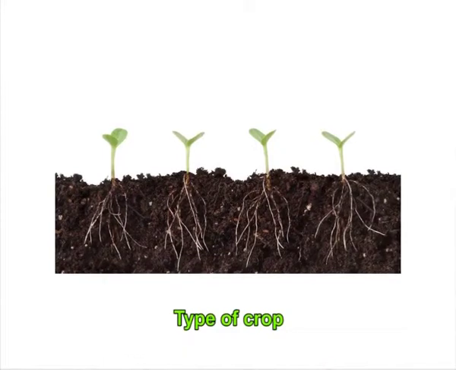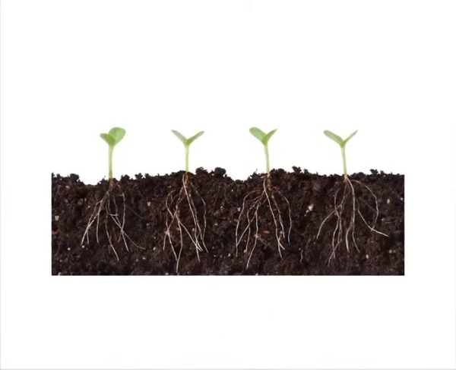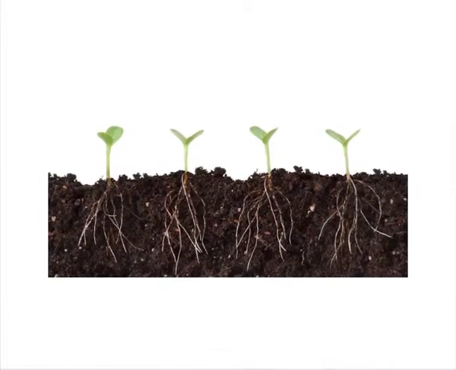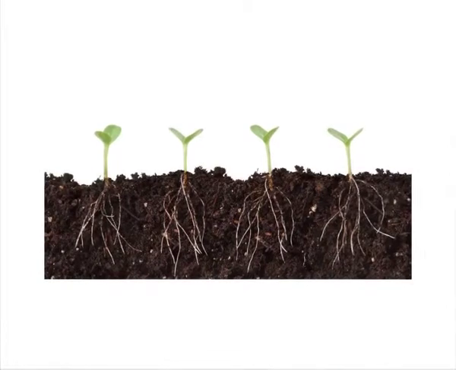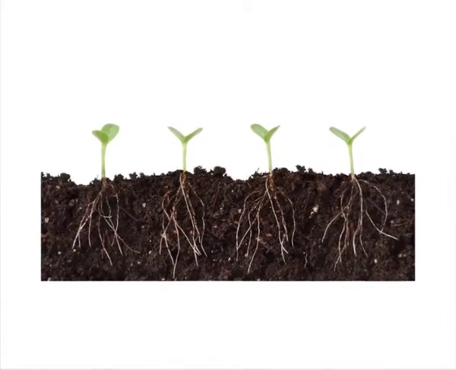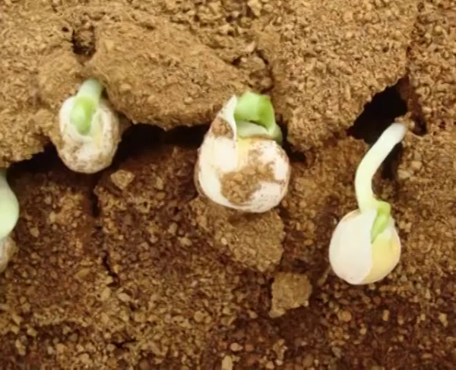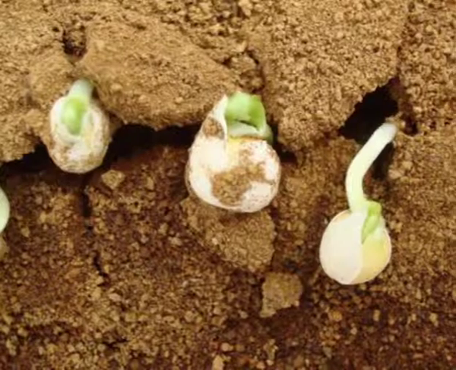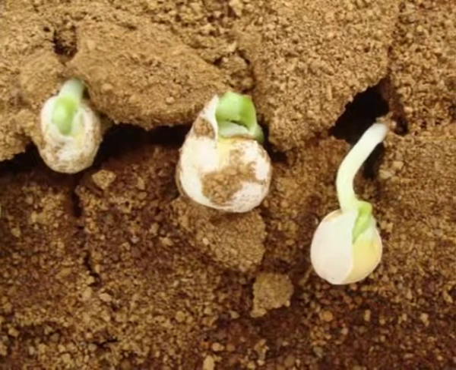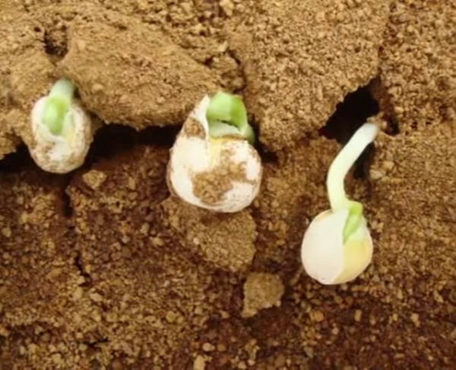Type of crop. Plant roots require oxygen which they take from the soil air and deplete the concentration of oxygen in the soil air. Soils on which crops are grown contain more carbon dioxide than fallow lands.